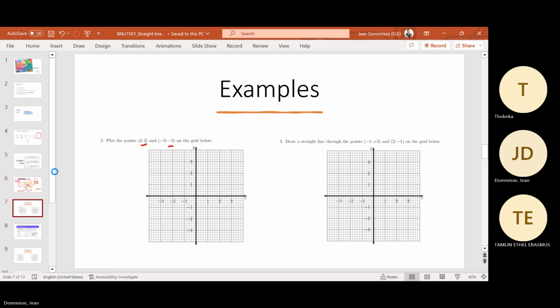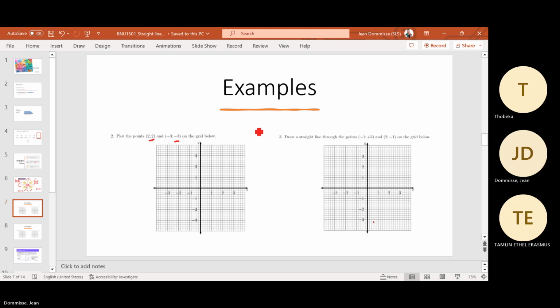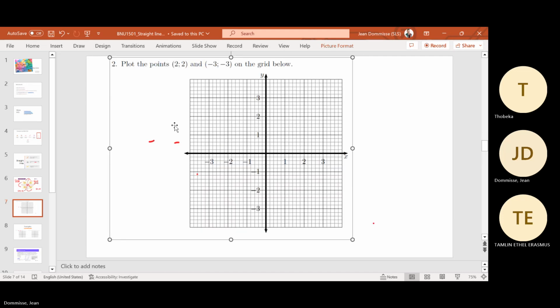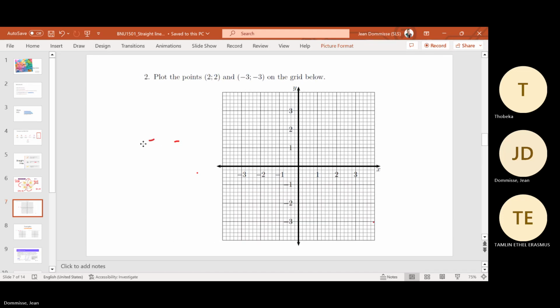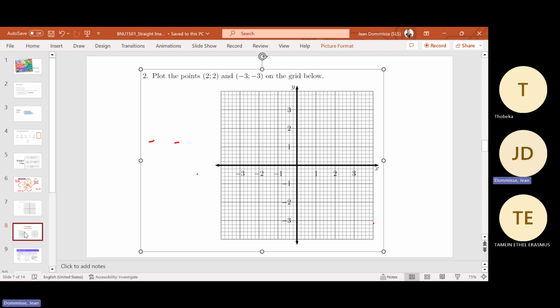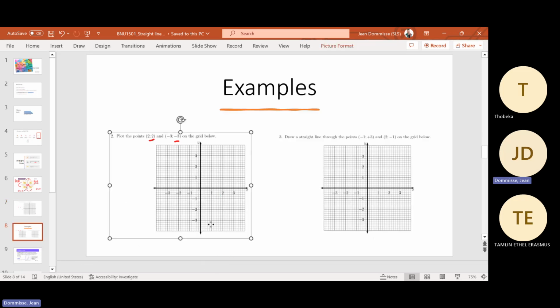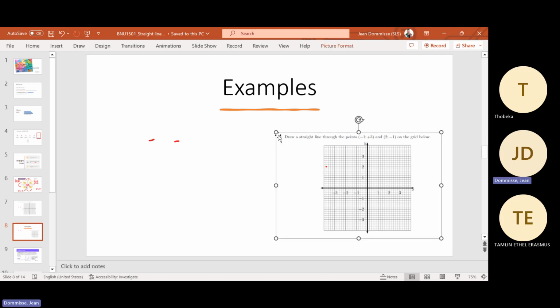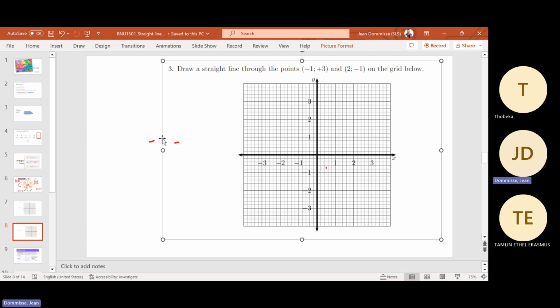Let me just quickly duplicate this so that we can make this a bit bigger, so it is just easier to see. And we'll do the same with this one. So again, it is just easier for you guys to see.